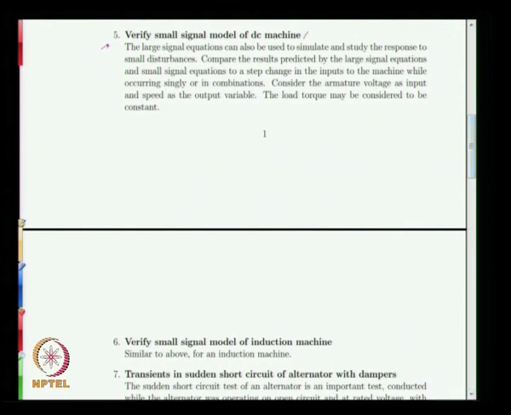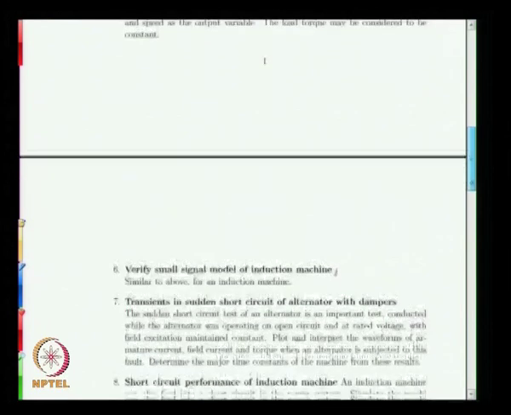Of course, from the response of the large signal model, one has to subtract out the steady state response in order to compare these two. So if you compare these two, one can get an idea of how accurate or how inaccurate the small signal model is. How does it really relate to the large signal model? So that can be done, one can do it for the DC machine and for the induction machine.